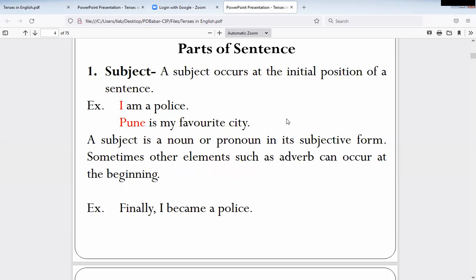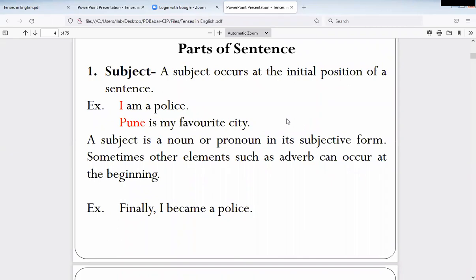In this sentence, I is the subject, which comes before other parts of the sentence. At the very initial position the subject comes, and that is why it is called the subject.